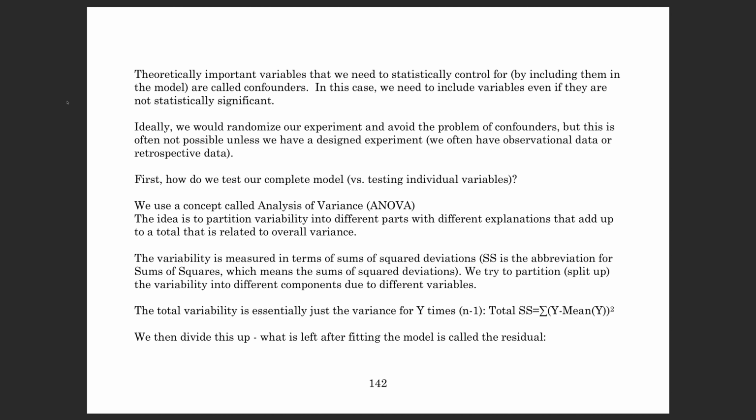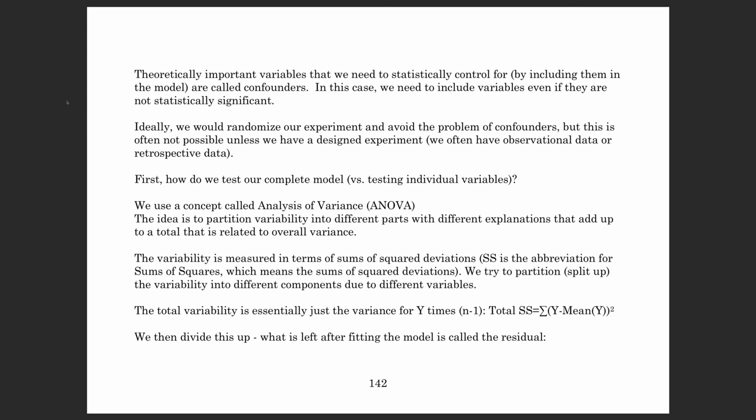So we start out with the total variability. This is just the variance for y times n minus 1. So that's just the sum of the squared deviations of the y's from the average value. So this is the variability we're starting out with. What we hope is that we can explain much of this variability by fitting our model.